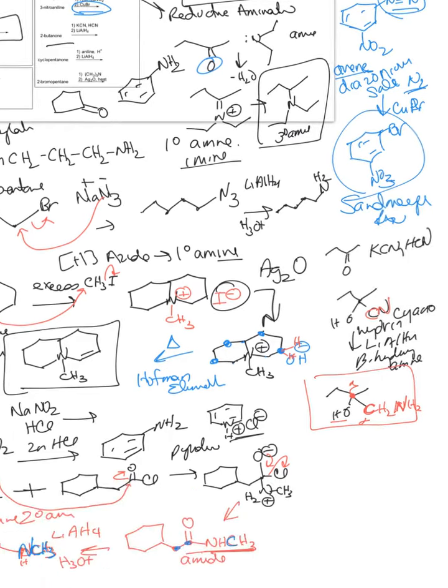Now once you have an aniline, you can acylate that. So this would be your acylating agent here, that portion. That's an acid chloride. And you add a little bit of pyridine to soak up your HCl. And that will give you your desired amide.